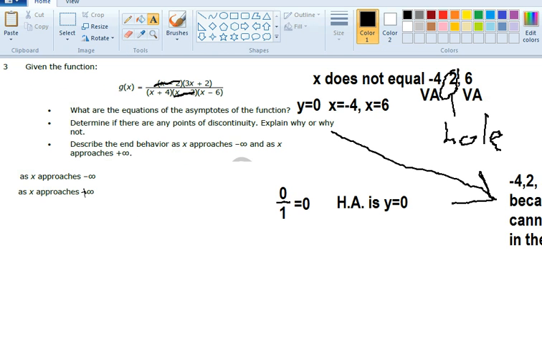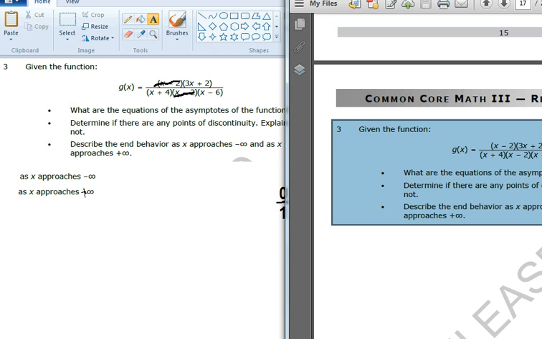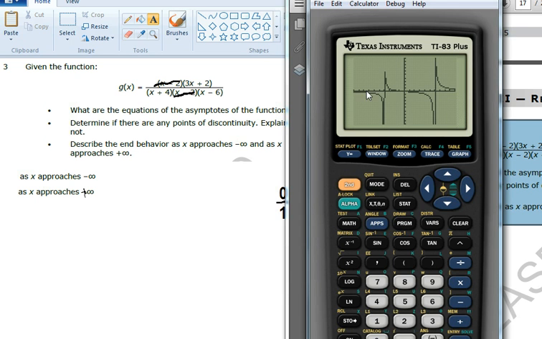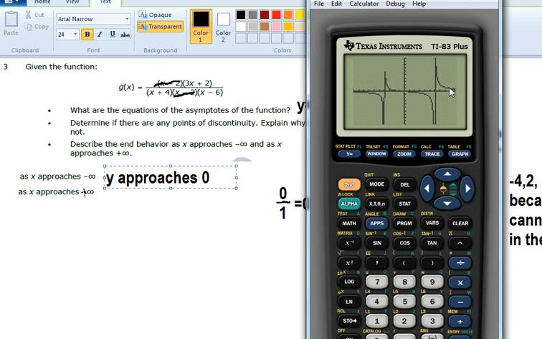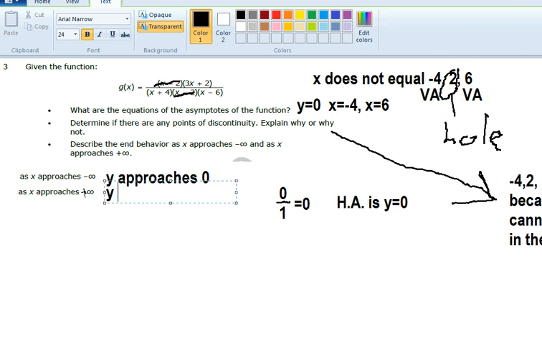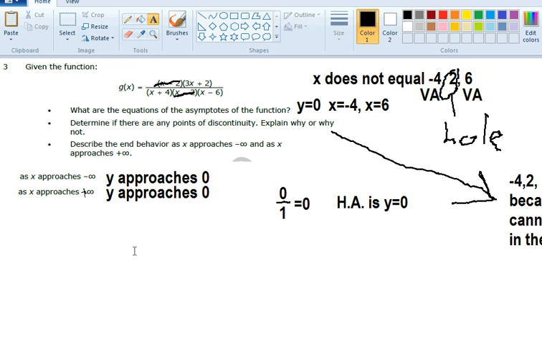As x approaches negative infinity, I know that's to the left, y is going to approach 0. And as x approaches positive infinity, again y approaches 0. Okay, so on both ends it's approaching 0. And that's it for the whole test.